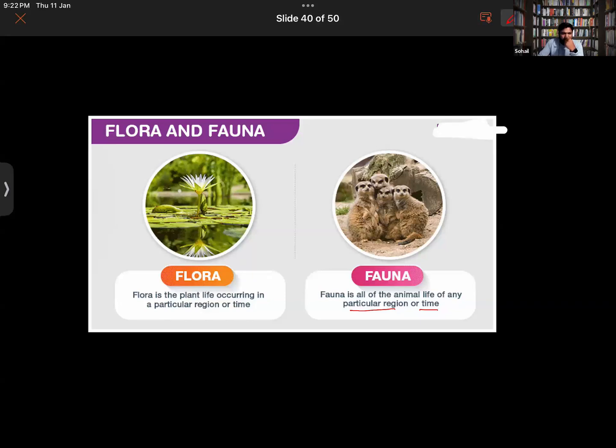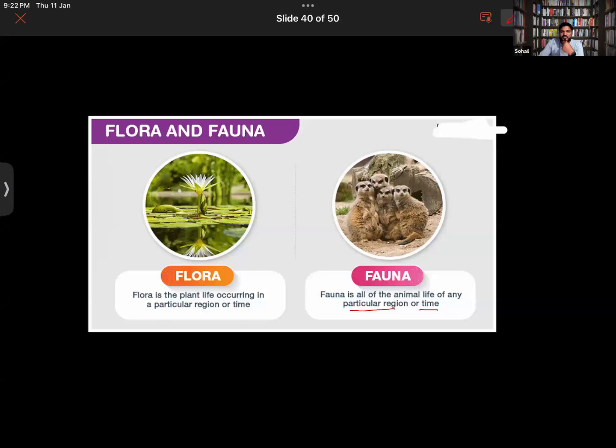So we have several examples. Can you guys think of some examples of flora and fauna that went extinct, that are no longer found on Earth? In the past 100 to 200 years, we have lost so many animals that are no longer there on Earth.